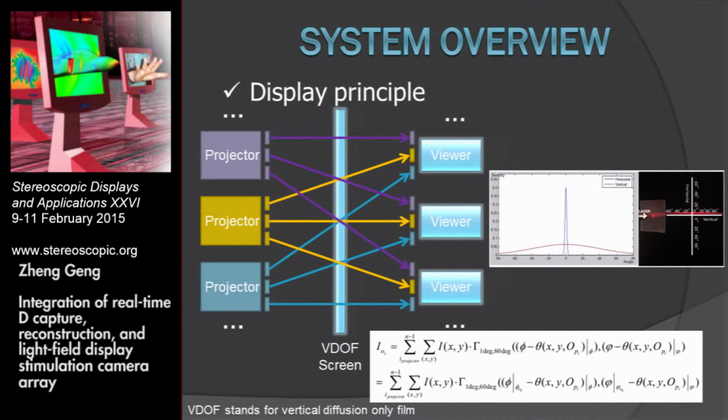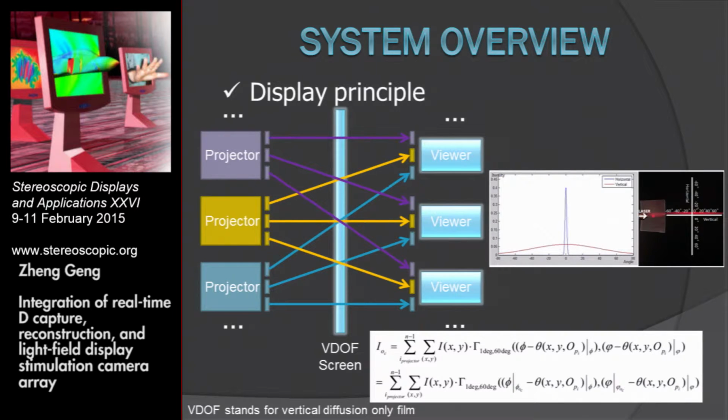And this is the display principle. It's actually a remap of the light field. Suppose we have correctly got the reconstructed surface, and we extract each perspective of it from the virtual camera, and each projector will project it through the VDOF screen. VDOF stands for vertical diffusion only.